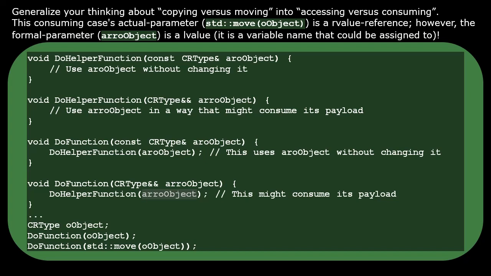So during the process of invocation of this do function, we've had something automatically convert from a R-value reference matched with a R-value reference parameter type, but then automatically converted by the compiler into an L-value type. Consequently, this code, as currently written, will call the wrong helper function because it's currently passing an L value to the helper function.